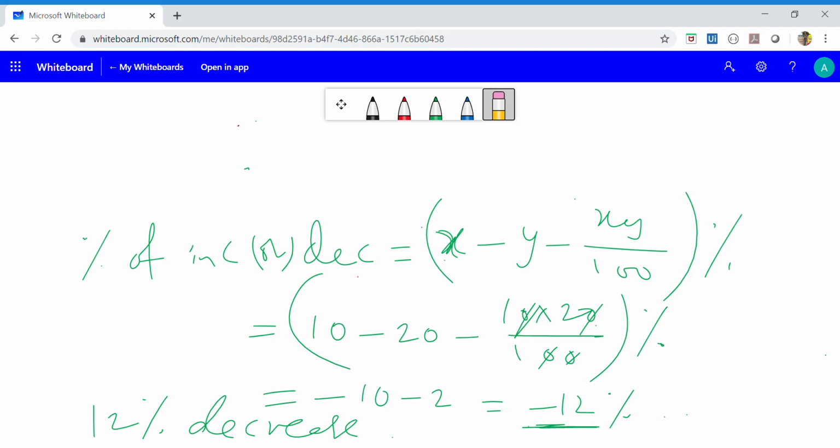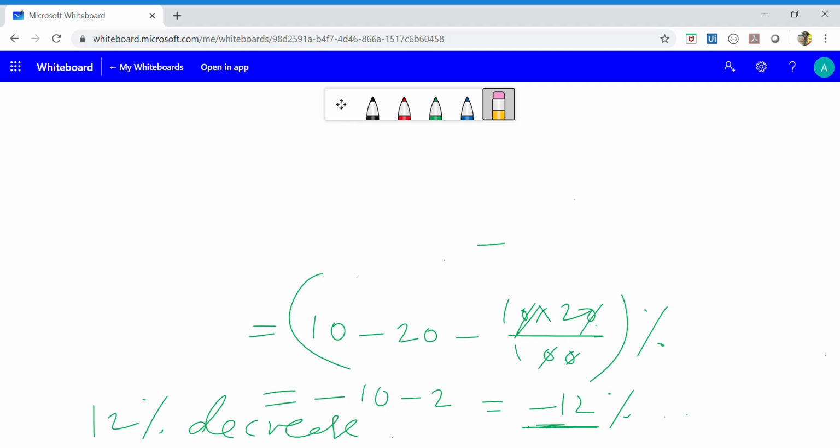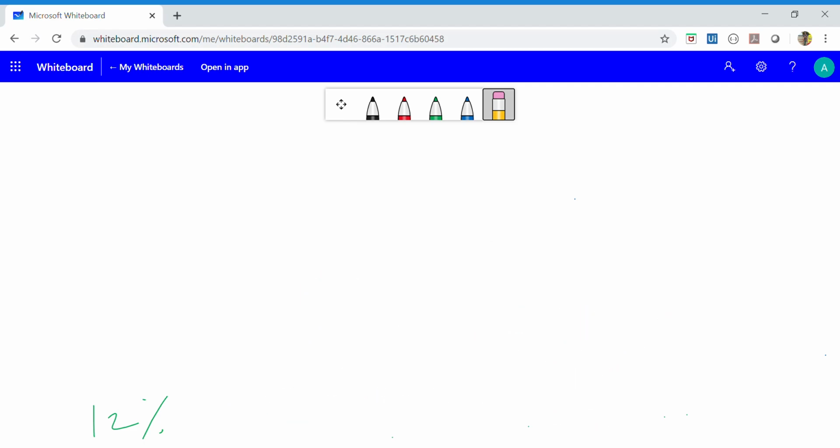Okay. Is it fine? So if the increased value and decreased value percentages are the same, the formula is the percentage whole square by 100%. And if the increased and decreased values are different, then you have to write x minus y minus xy by 100%. Okay. Next, the third case: successive increase or successive decrease.